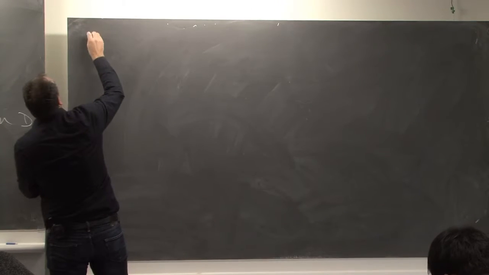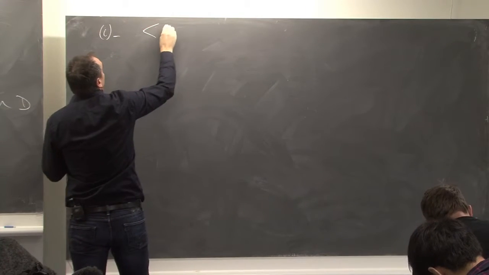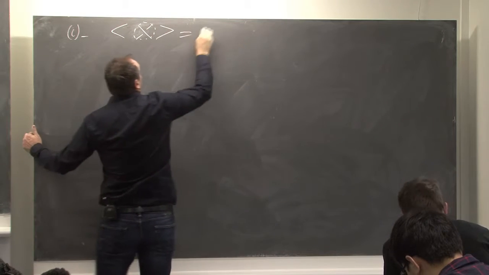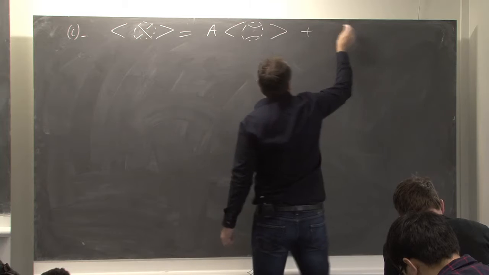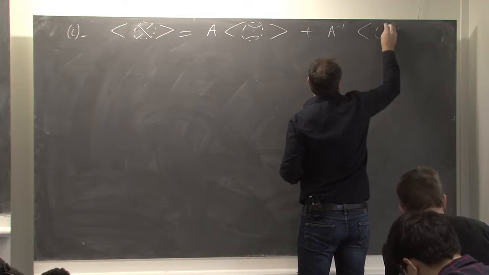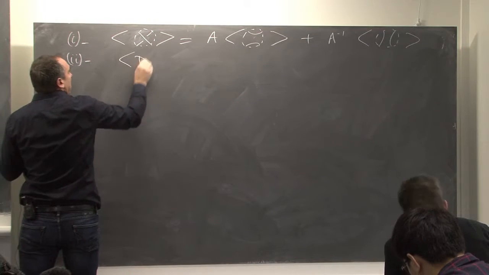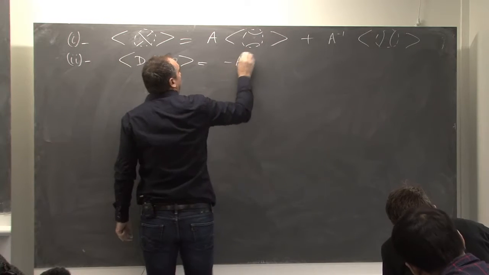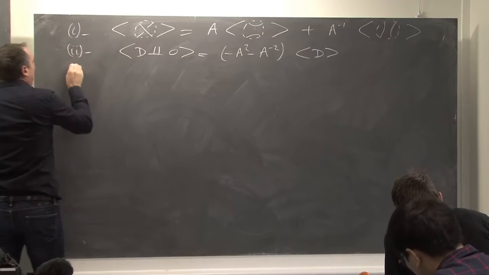So first condition, again, we have the same as before, but replacing B by A inverse, and replacing C with minus A square minus A. Insert.